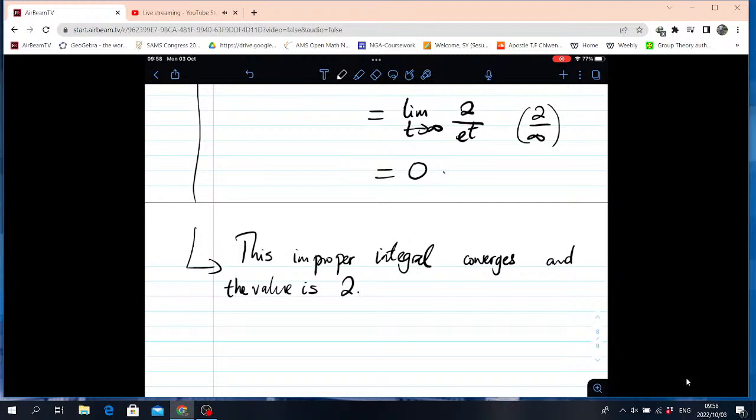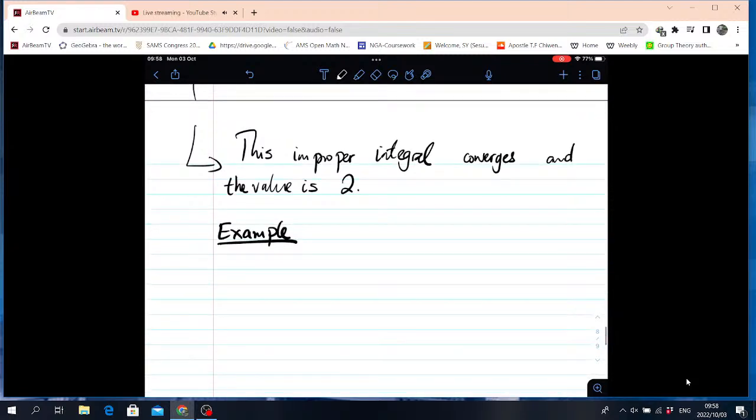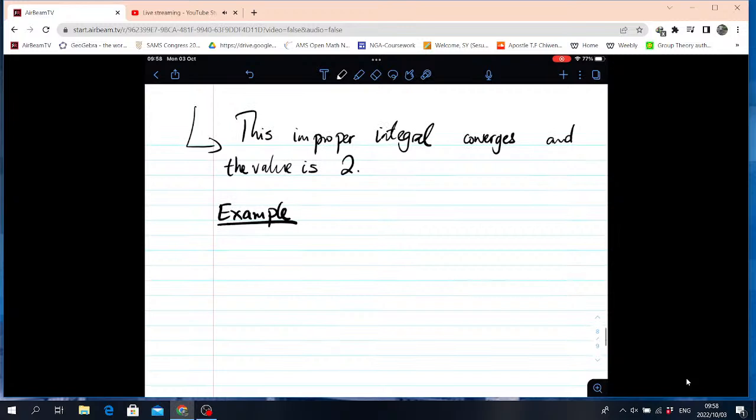Let's look at our next example, and it's going to give us another criteria to find out if integrals are convergent or divergent in some cases. So let I be equal to the integral from 1 up to infinity of 1 over x to the p dx, right?